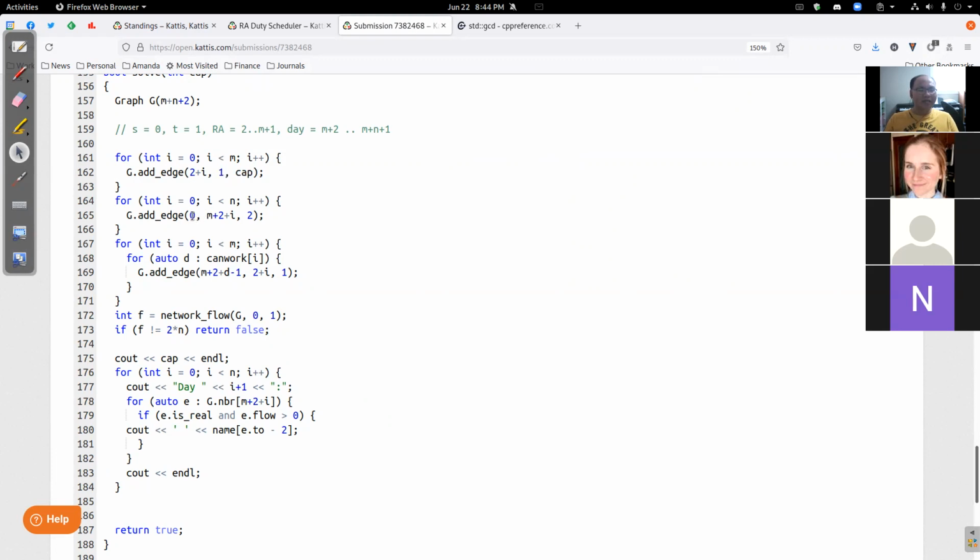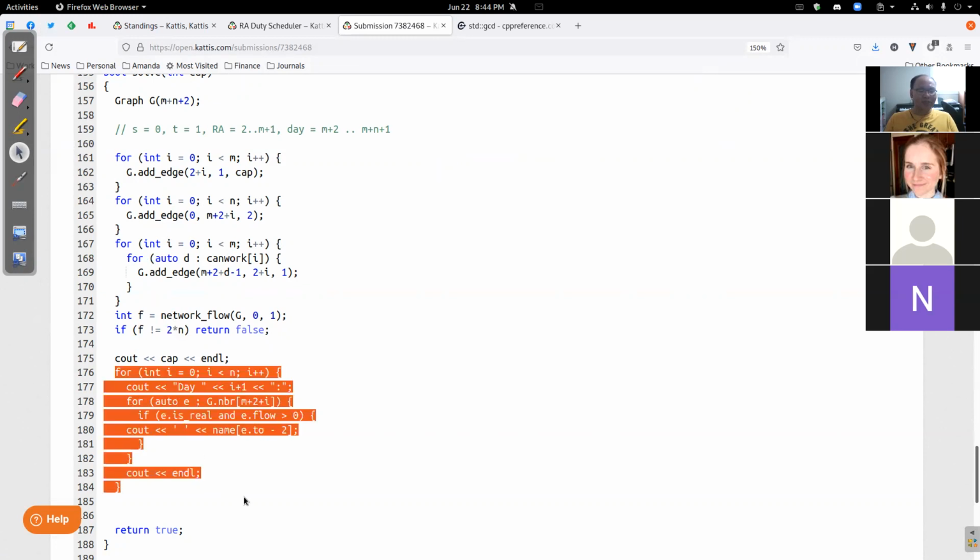Then every day gets 2 tokens that it can give to the 2 RAs, and then I add an edge from a day to a person if it can work that day. Then I call network flow. If the flow is not exactly 2 times the number of days, that means I can't do it. Otherwise, I can do it, and then I just have to recover the actual assignment.